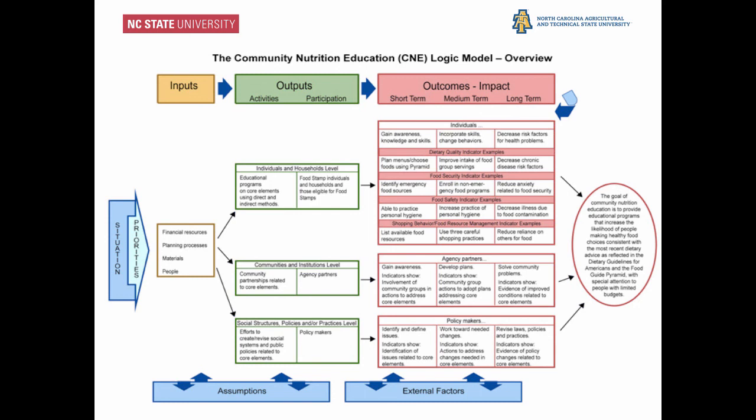Long-term outcomes that decrease risk factors include decreasing chronic disease risk factors, reducing anxiety related to food security, decreasing illness due to food contamination, and reducing reliance on others for food. Agency partners are also impacted by gaining awareness, developing plans, and solving community problems. And policymakers are impacted by identifying and defining issues, working toward needed changes, and revising laws, policies, and practices.